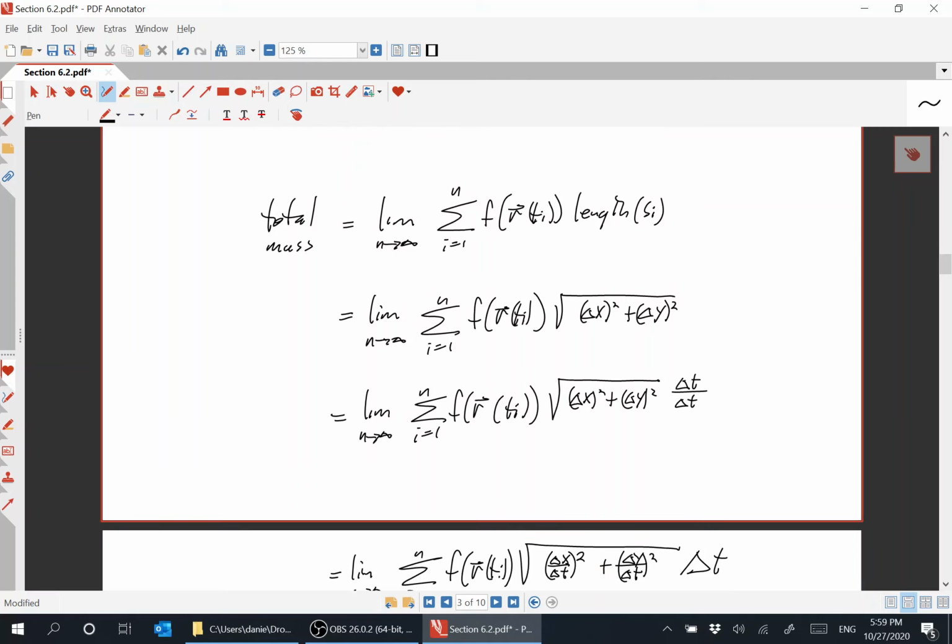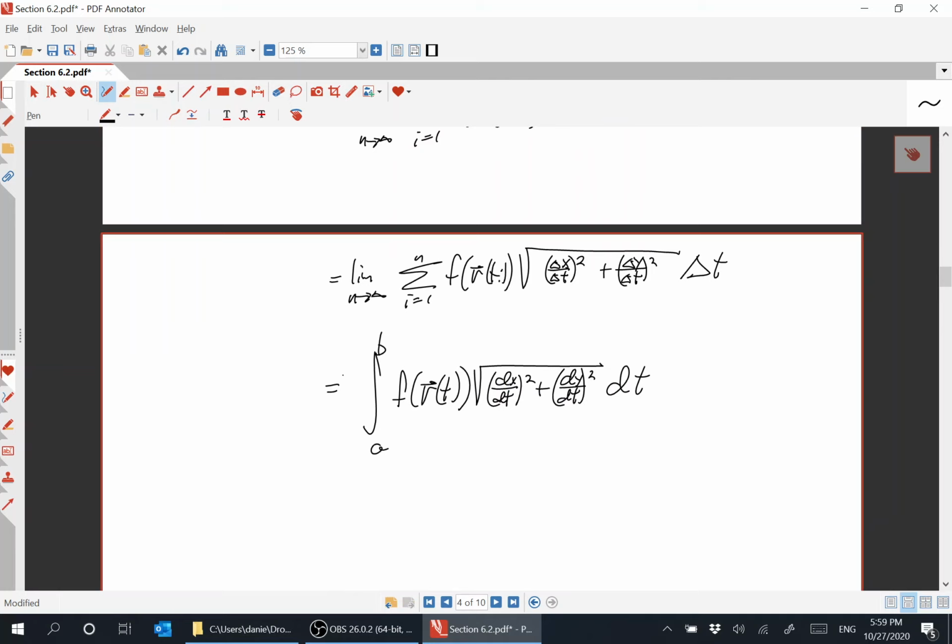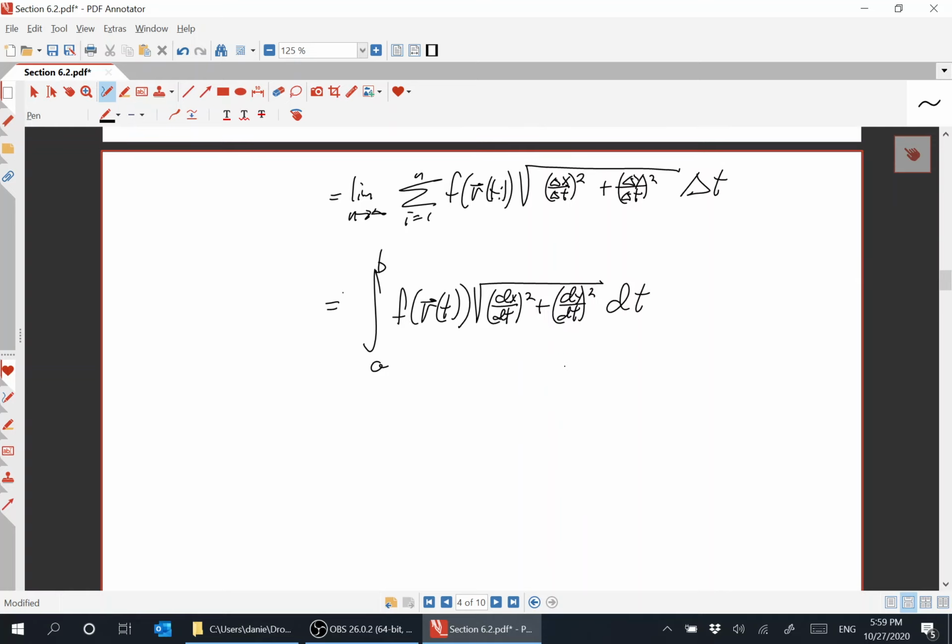So there's the total mass integral for that curve C. Now, let's clean it up a little bit more even. Remember, what was the meaning of x and y? r of t was a function for the x coordinate called x of t, and the function for the y coordinate, y of t.